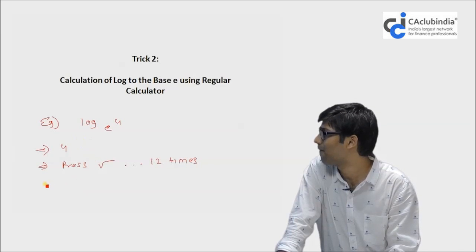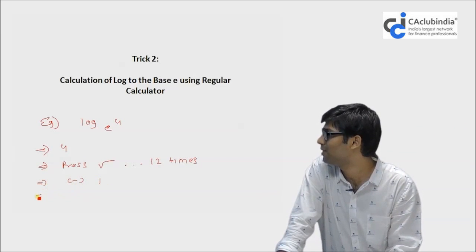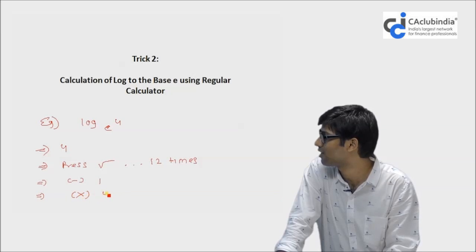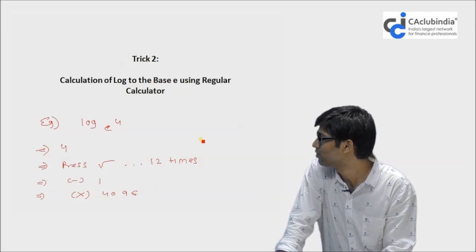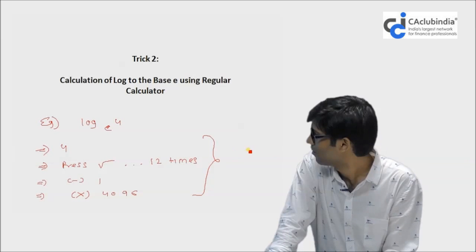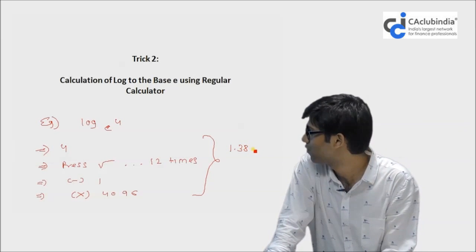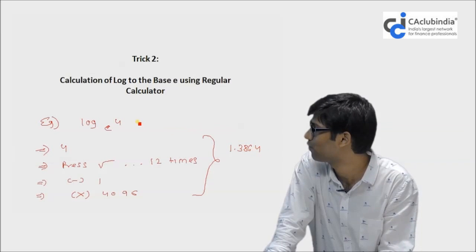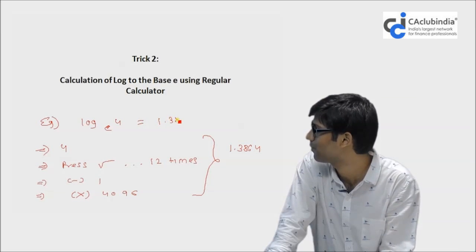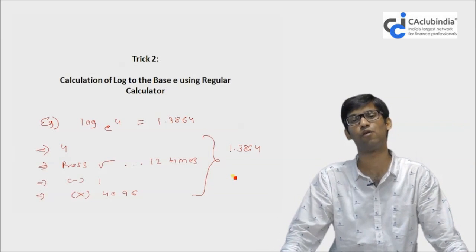After that, minus 1. Then multiply it by 4096. Once you do this entire part, you will get an answer of 1.3864. Now that is nothing but log 4. So log 4 to the base e is 1.3864 approximately. So without going to log tables, we have calculated the value of log.